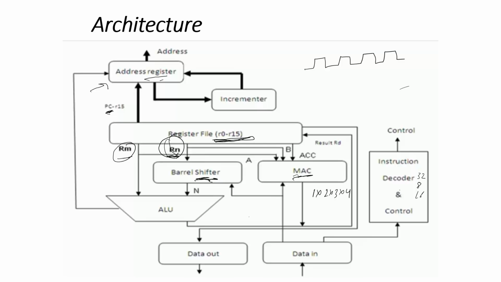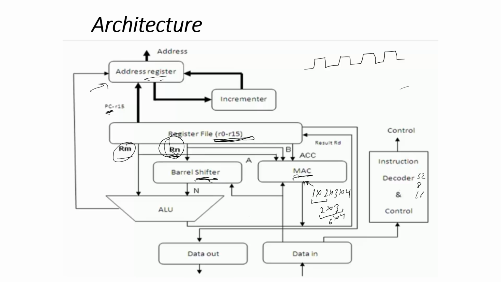First of all, it will multiply 1 into 2, and the accumulated result, which is 2, will be stored in the multiply accumulate unit. Then 2 into 3 gives 6, then 6 into 4. So this multiplication will be done with the help of the multiplication accumulation unit.